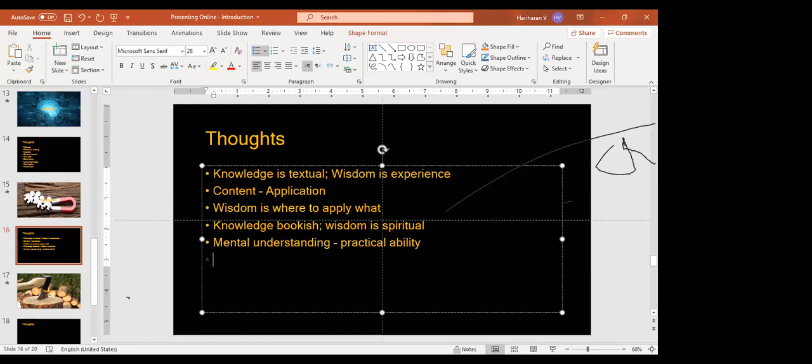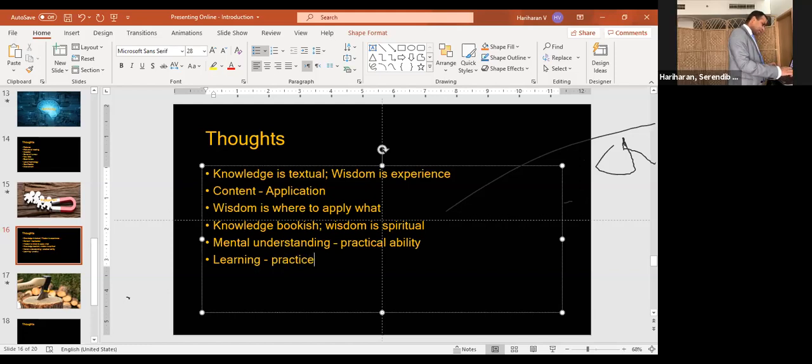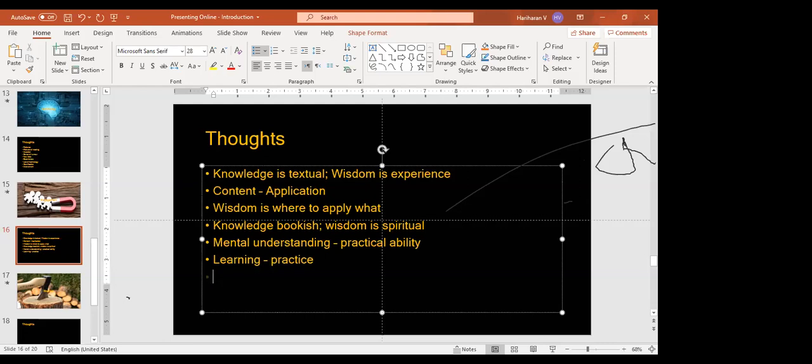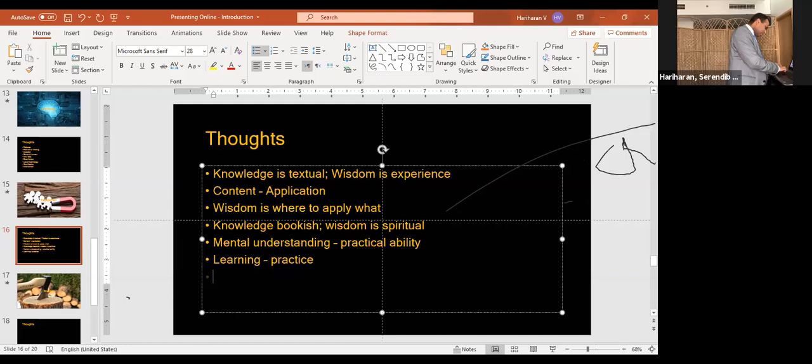And another one: knowledge is gathered from learning and education, wisdom is the practical ability. Okay, brilliant. Anything else? Yes. Knowledge is knowing what to say. Wisdom is knowing when to say it. Okay. What to say and when to say.